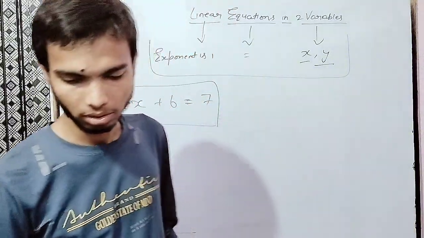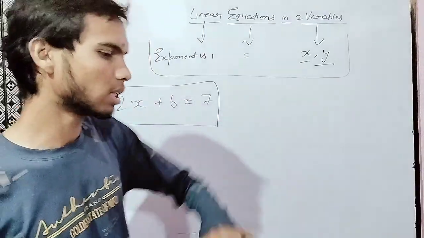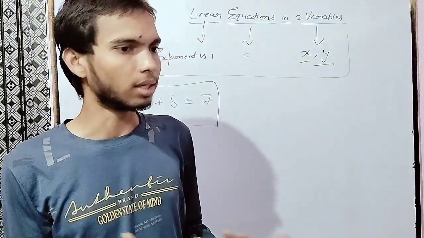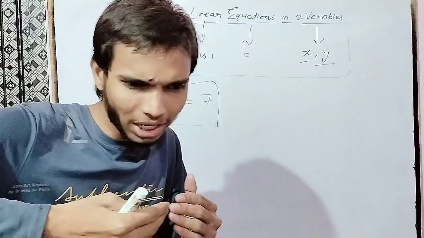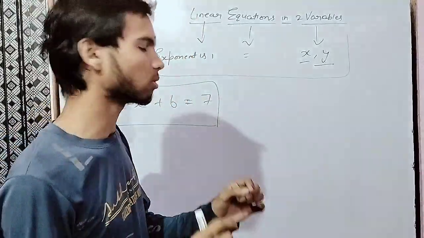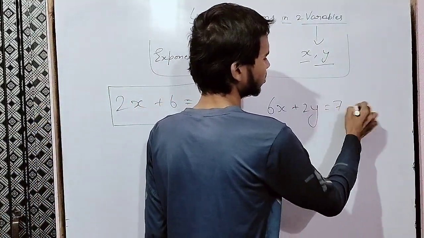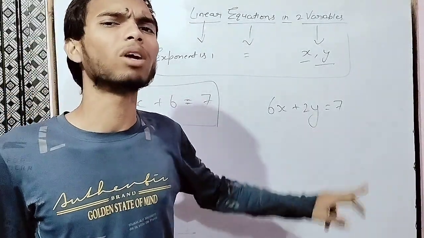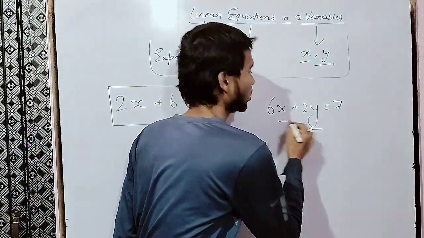So when do we say that an equation is linear in two variables? When the equation has two variables with exponent one. For example, 6x plus 2y equal to 7. Here you can see the first variable is x, and the second is y.